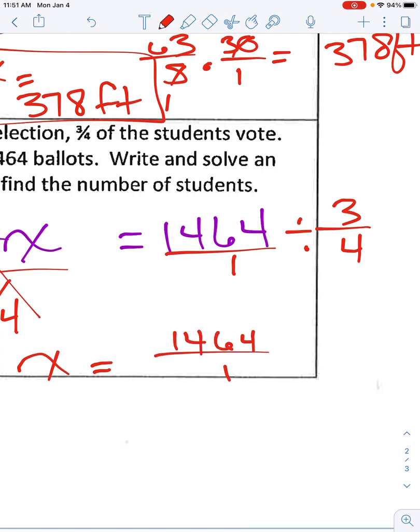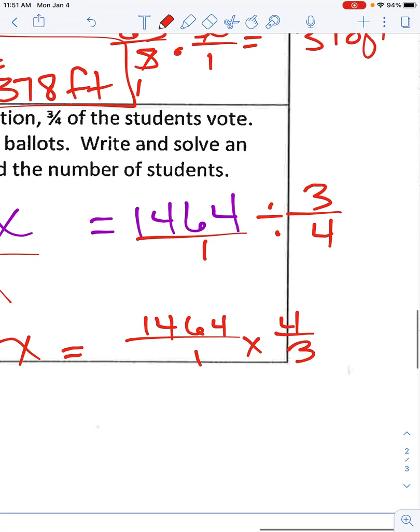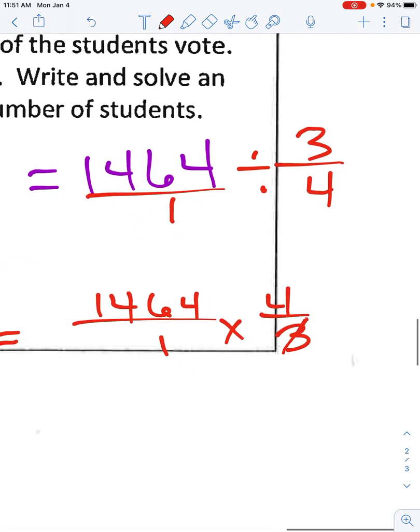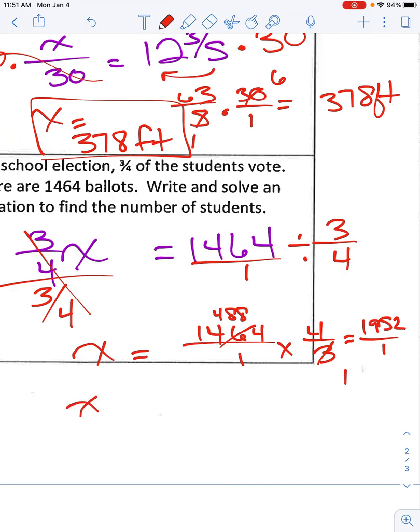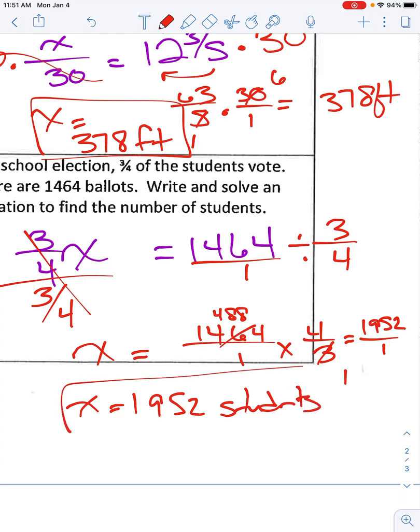We are going to keep it, switch it, flip it. I already did a little bit of math here. 3 goes into 1,464 488 times, and then multiply straight across. So we get 1,952 over 1. So 1,952 students voted.